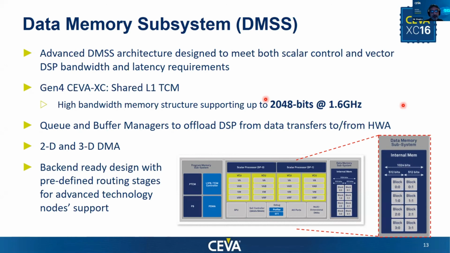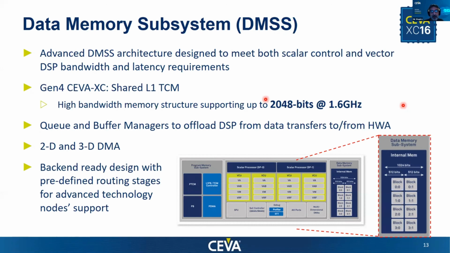And we've continued to improve our DMA mechanisms to support 2D and 3D DMAs that are operated by these queue and buffer managers that completely offload all the management of the DMA from the execution units. So you can really move data very efficiently into and out of the core. And this can be done by instantiating AXI ports.